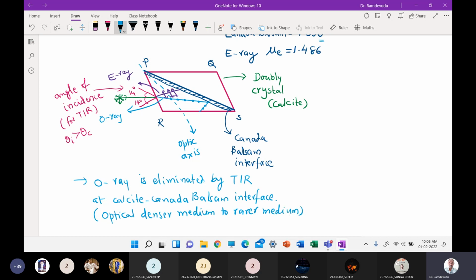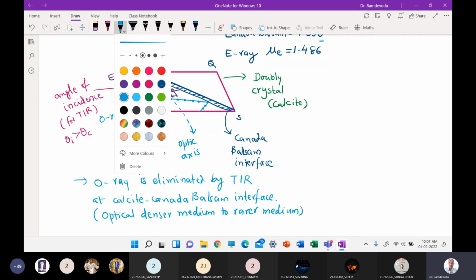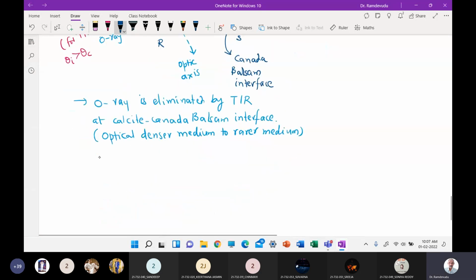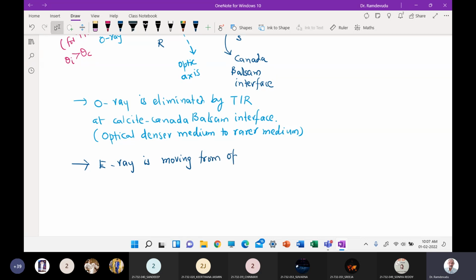However, if you take the same for the case of the E ray, the E ray is moving from optically rarer medium, that is calcite, to denser medium.